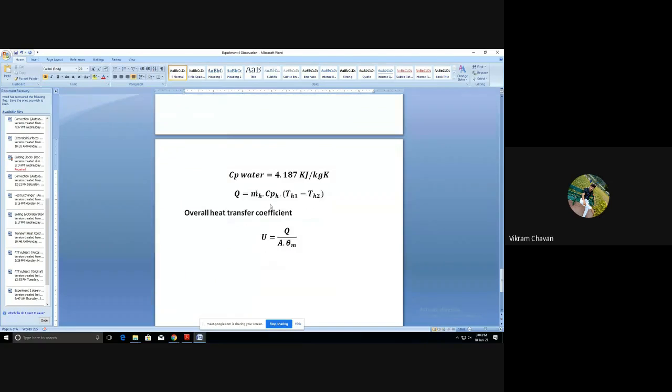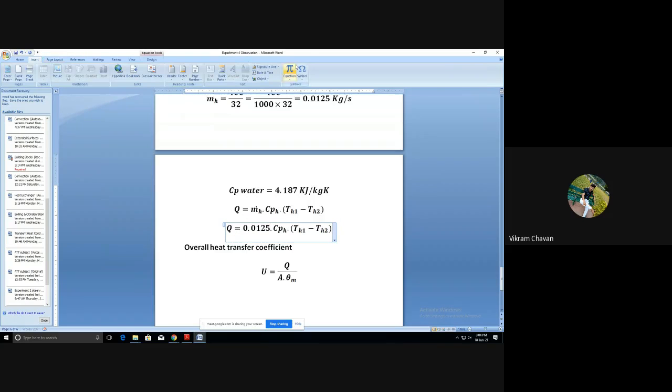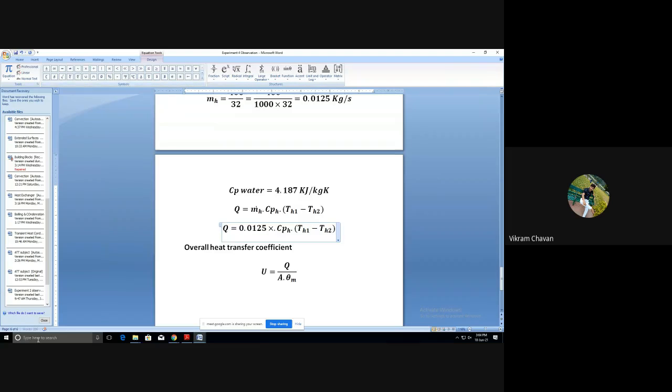Now calculate Q. All the values you know. M dot h is 0.0125, multiplied by, I will directly take 4187, the cp value for water, multiplied by TH1 minus TH2 for the parallel flow.